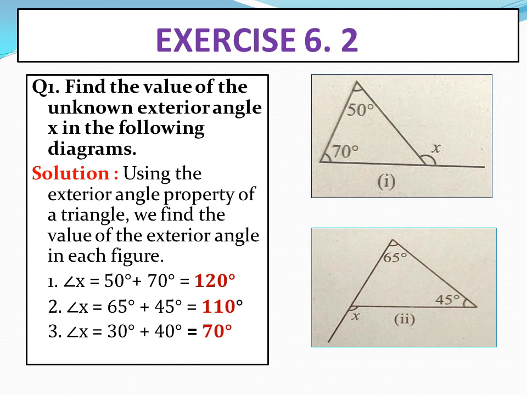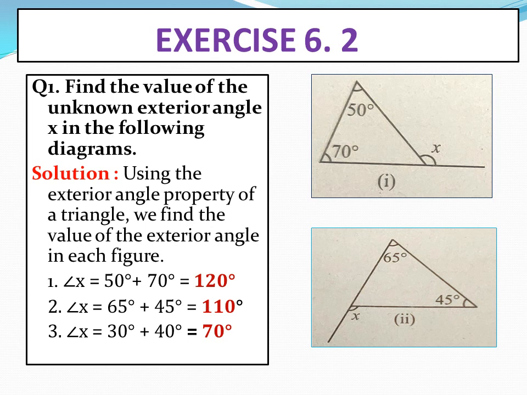Let us add 65 and 45. 65 plus 45, we will get 110 degree. Listen, children, that is the answer of exterior angle x. So angle x equals 65 degree plus 45 degree, that is equal to 110 degree.